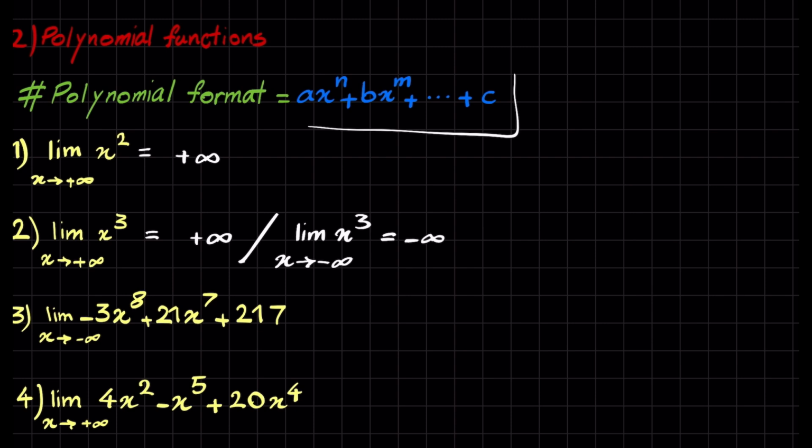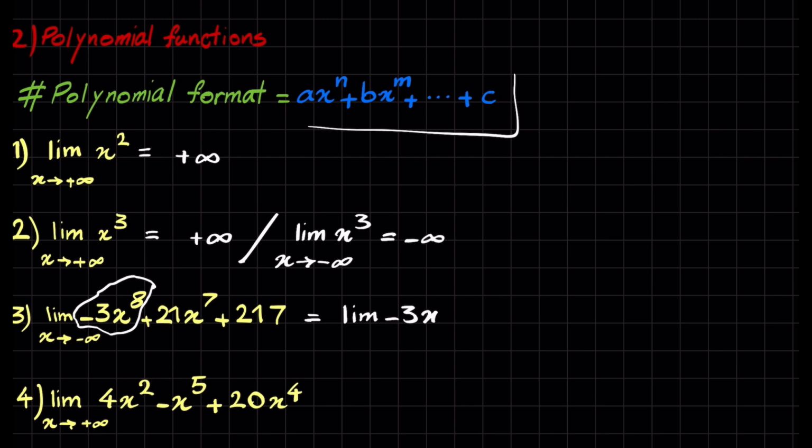But as we see, we can find the highest degree term, which is negative 3 x to the power of 8, and write it down by itself.